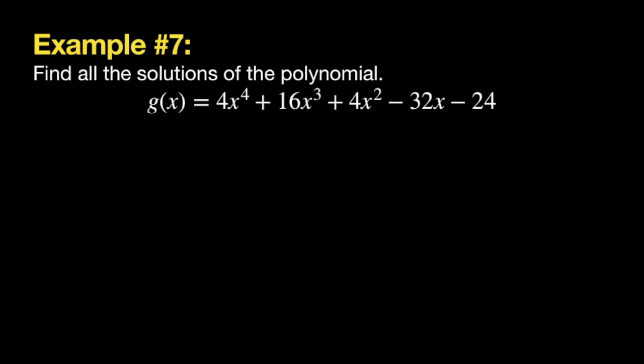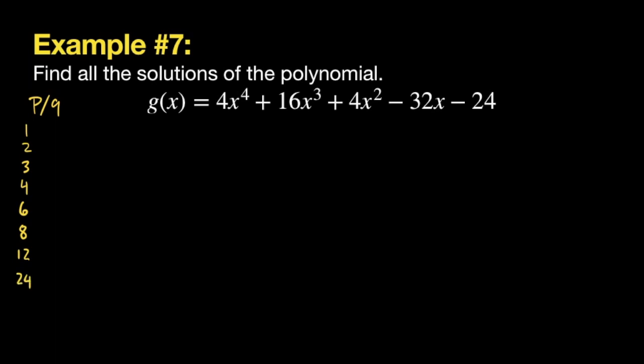For this problem, our P is 24 and our Q is 4. So we need to find all the possible values for our P over Q. So our factors are going to be 1, 2, 3, 4, 6, 8, 12, and 24.